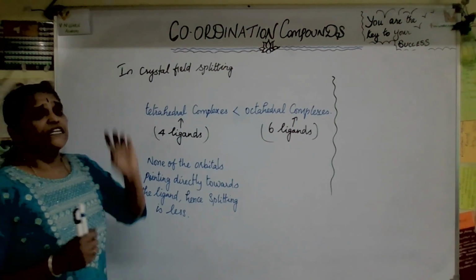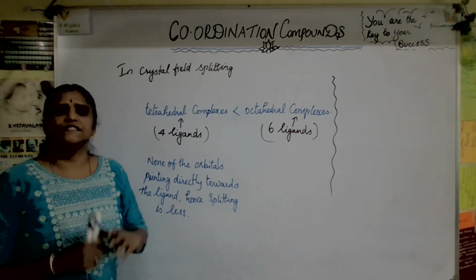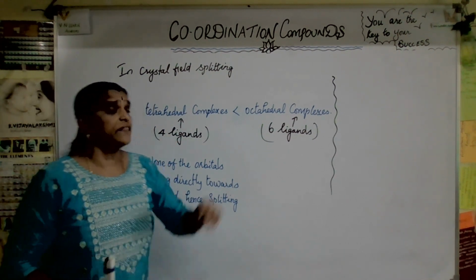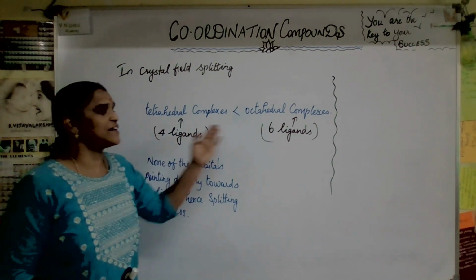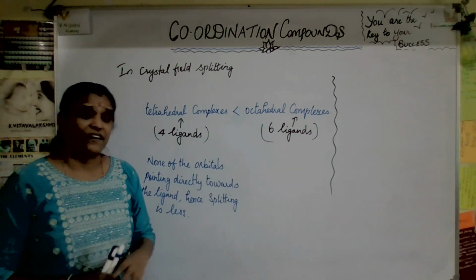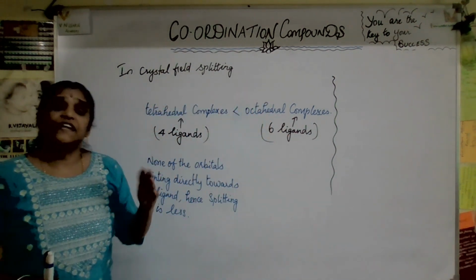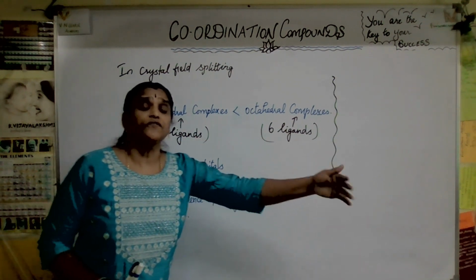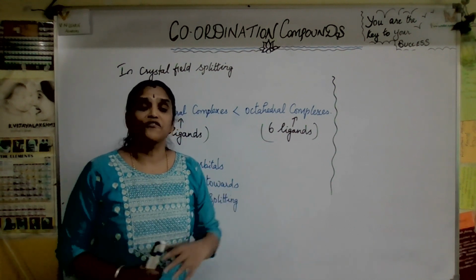In crystal field splitting, tetrahedral complexes have comparatively smaller splitting than octahedral complexes. Why? Because here 4 ligands are there, and there 6 ligands. So the splitting depends upon the number of ligands. One more thing is the nature of the ligands: weak field or strong field ligand.